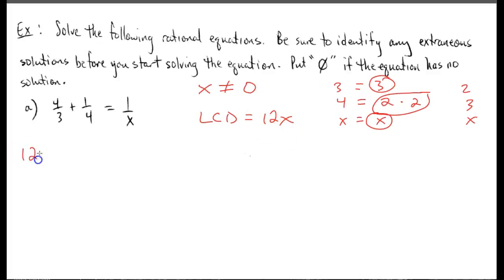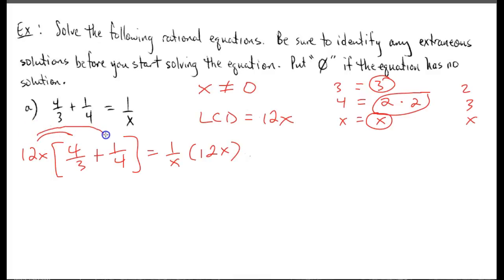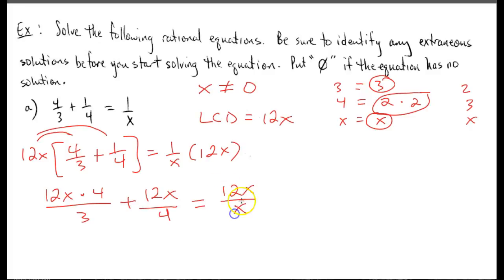So in doing that, we need to multiply both sides of our equation by 12x. Okay, so on the left side, when we do the distributing, we have 12x times 4, all that divided by 3, plus 12x, all that divided by 4, and on the right side, we just have 12x divided by x.